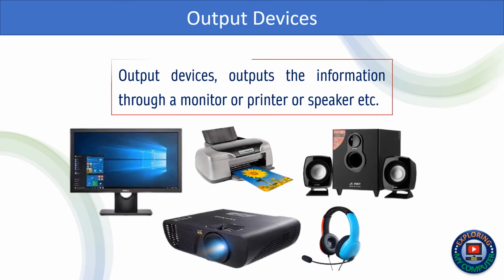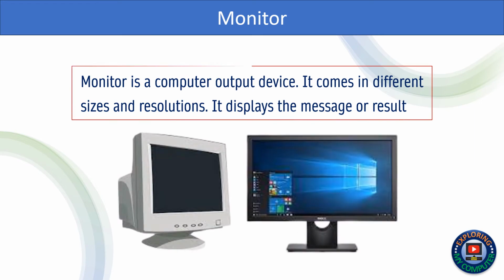Output devices output the information through a monitor, printer, speaker, etc. A monitor is a computer output device. It comes in different sizes and resolutions. It displays the message or result.